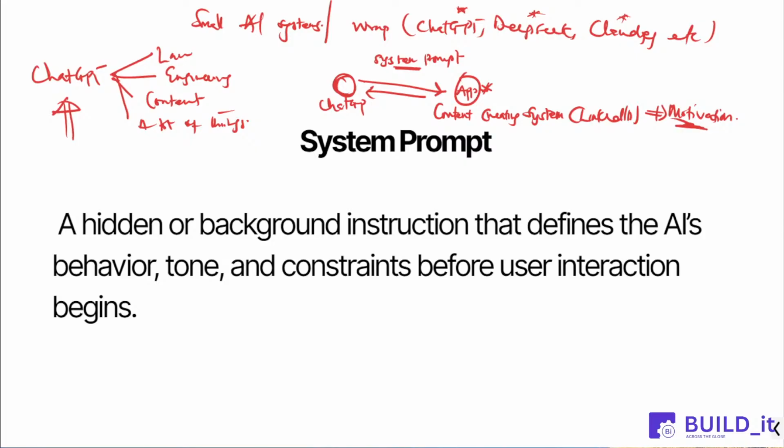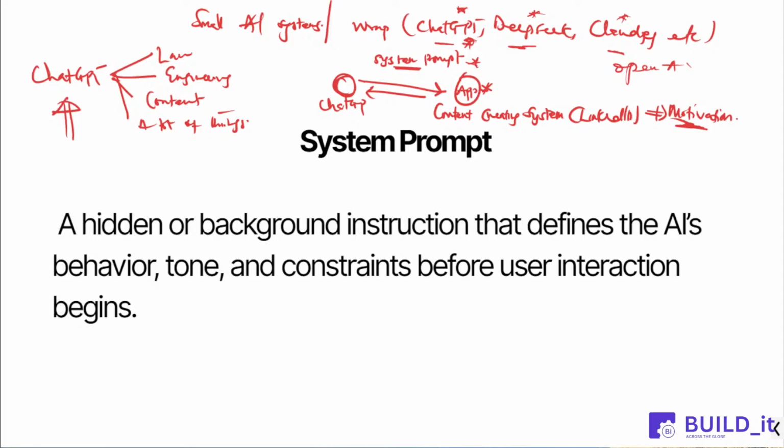Even sometimes you can see a small AI system that is a wrap of these already existing AI systems like ChatGPT, DeepSeek, and Claude. But they've set the system prompt in such a way that whenever you ask it who built it or where it is coming from, it will never tell you that it's from ChatGPT or OpenAI, or even DeepSeek, Claude, Grok, any of them.